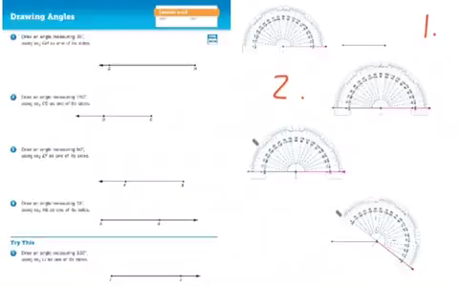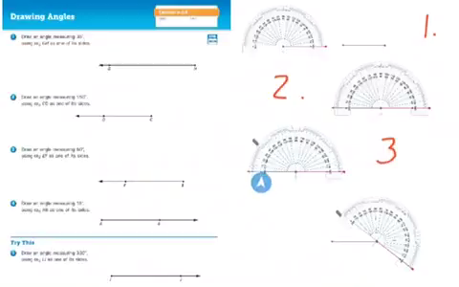And 3, I'm going to mark the degree on the outside here. See what I'm doing right here? I've made a mark at 35, and I know I'm using the outside one because I'm using the outside numbers where I look to see where I've lined up my protractor here. The 0 is sitting on the outside, and I'm always going to line mine up to a 0.